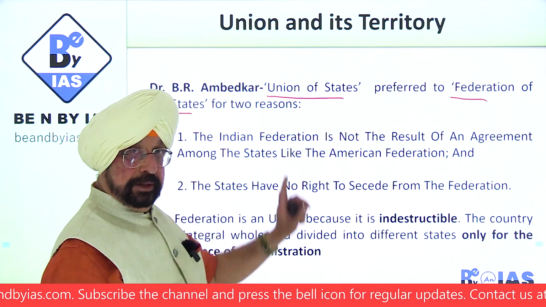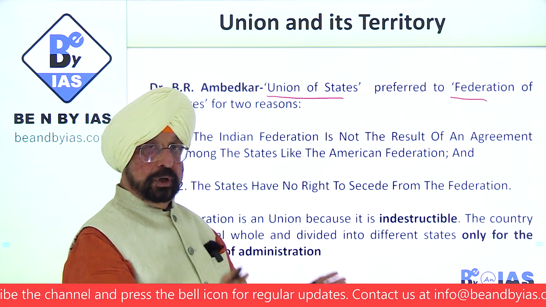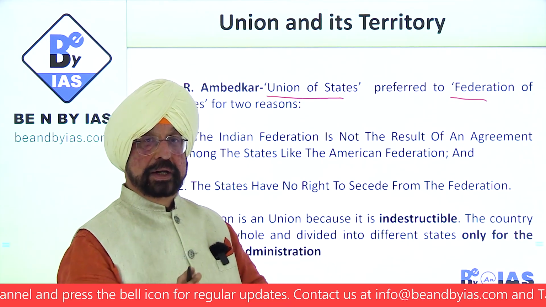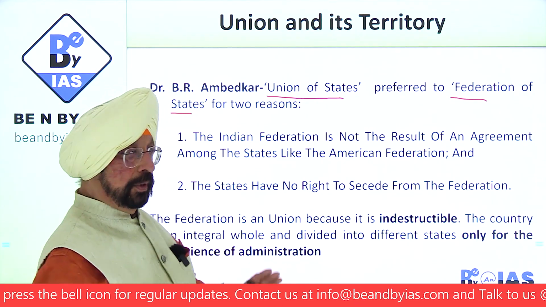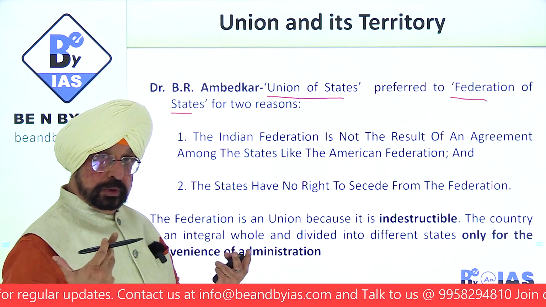In the first slide we saw we have not gone for the name Federation of States, but we have gone for the name Union of States. What are these 2 reasons?